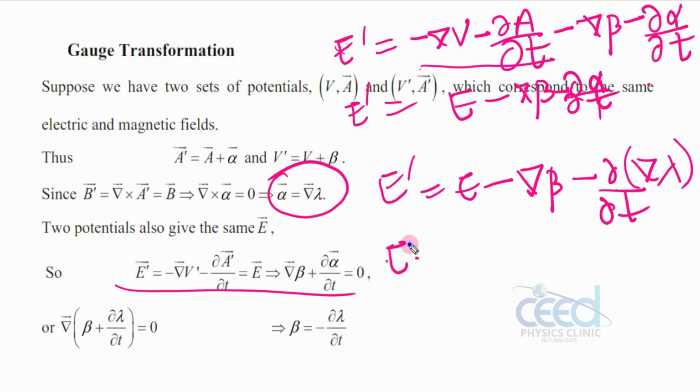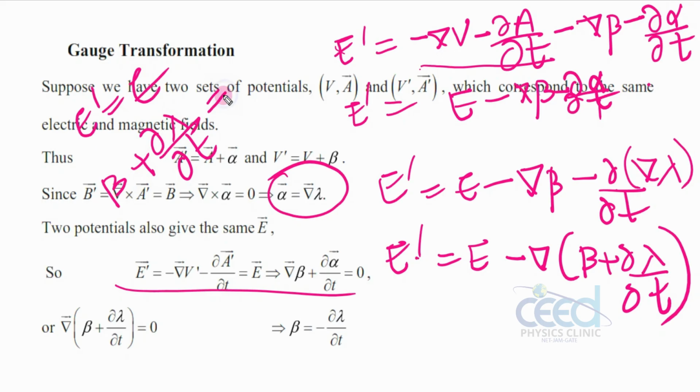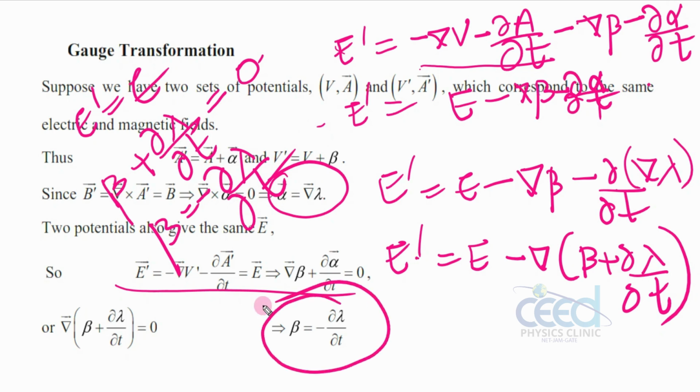This I can write as E dash is equal to E minus del of beta plus dou lambda by dou t. Now E dash is equal to E means beta plus dou lambda by dou t is equal to 0. Then beta is equal to minus dou lambda by dou t. It is this one.